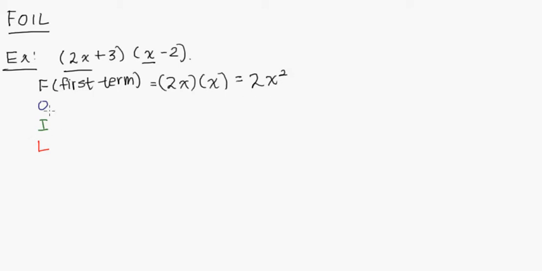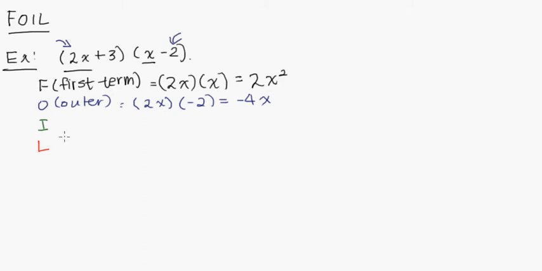O is the outer terms, so that's this term and this term. So that's 2x times negative 2, which is negative 4x, because 2 times negative 2 is negative 4 times x.